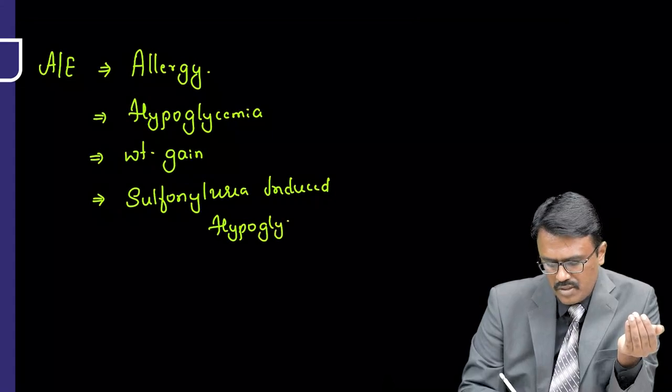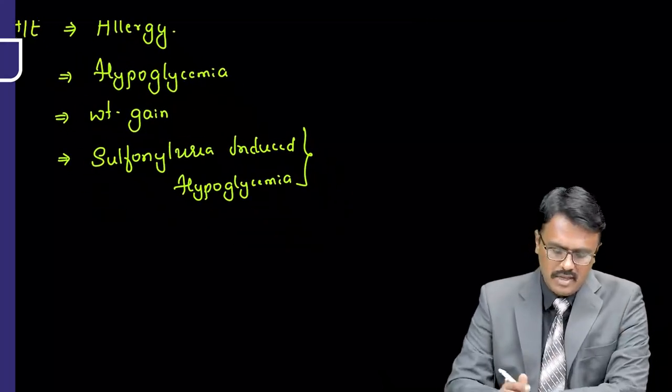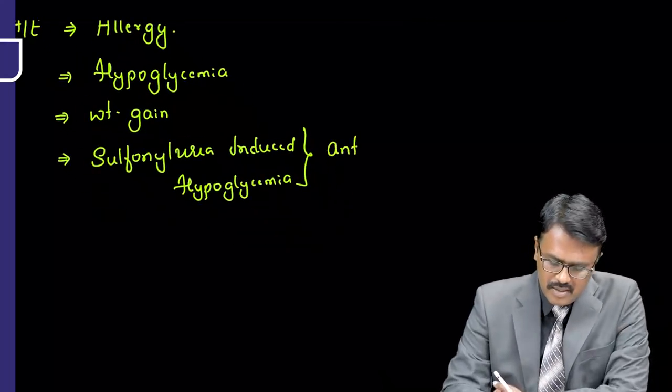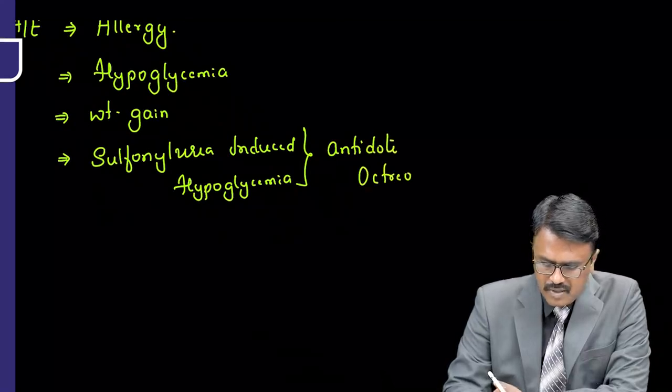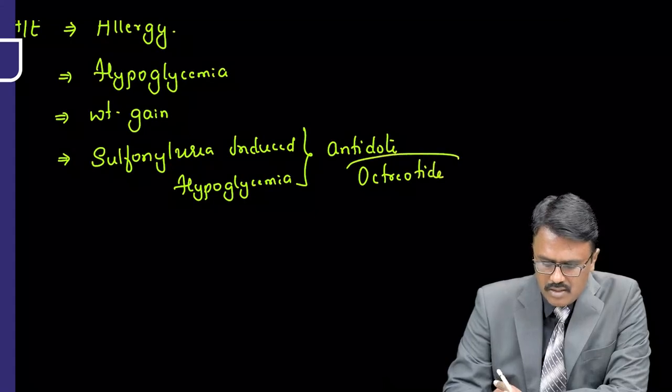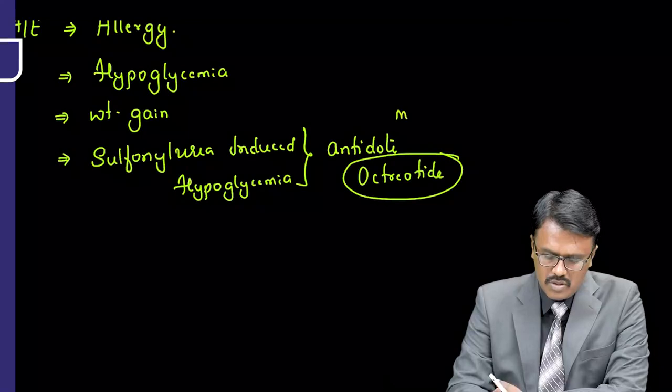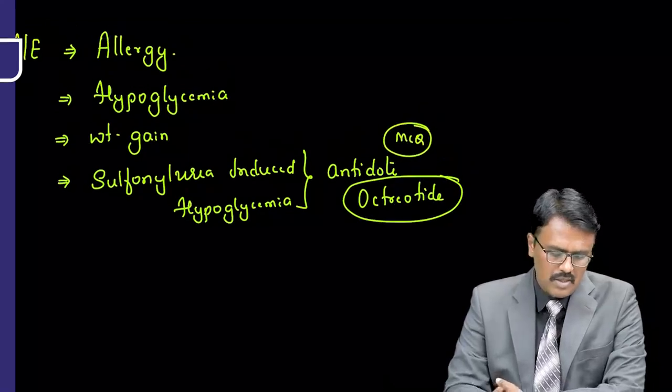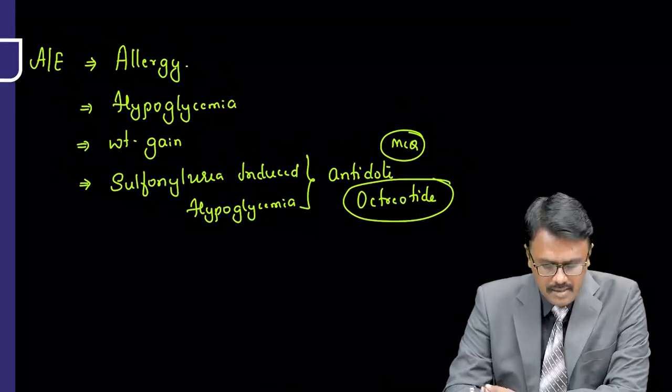Do we have an antidote for this? Yes. The antidote can be asked in the exam. The antidote is octreotide. This is another MCQ based question that can come in your exam. So allergy, hypoglycemia, weight gain.